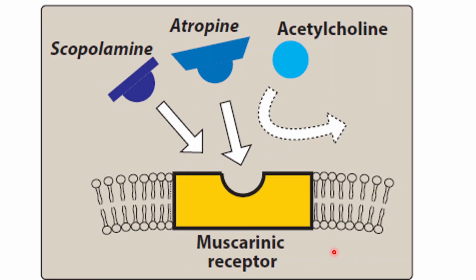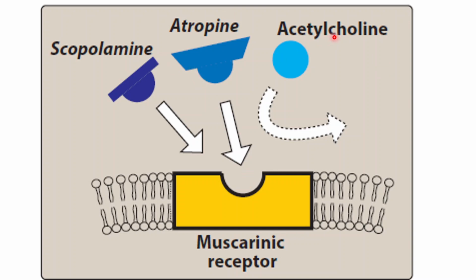So the mechanism of action of atropine and scopolamine is that they bind with the muscarinic receptor and prevent acetylcholine from activating the receptor, while they don't activate the receptor themselves. This is a common mechanism for most of the antagonists, and the antagonist is competitive.